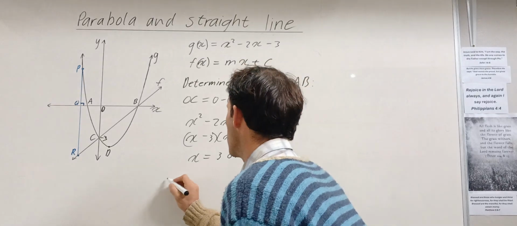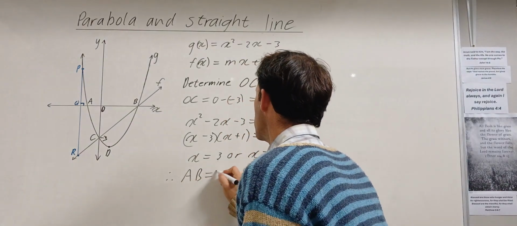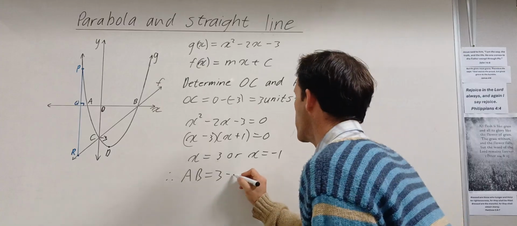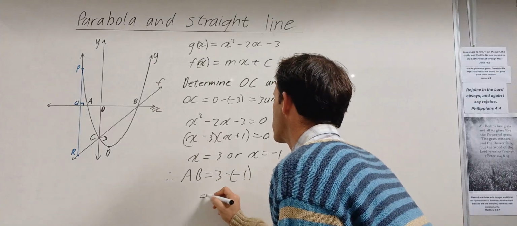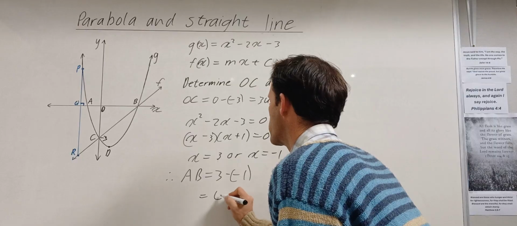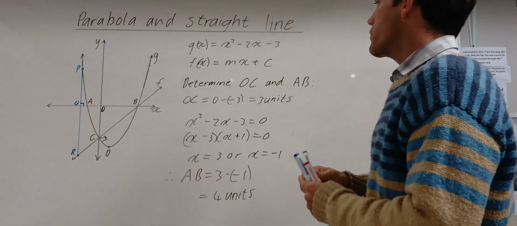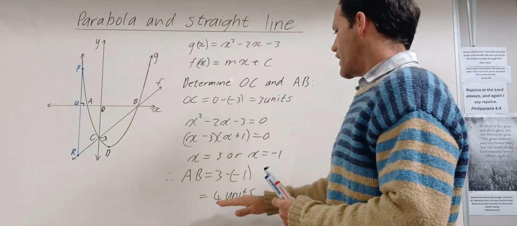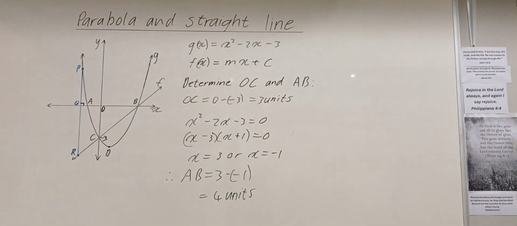So we can say therefore AB will be the bigger one minus the smaller one. Always the bigger minus the smaller when you want the distance, vertical or horizontal distance. So it's going to be 4 units. So then we found OC and AB. That's the start to this question, finding those two distances.